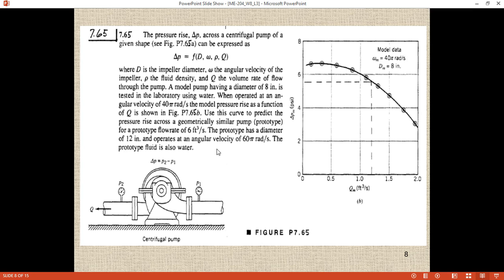So basically what we have to do is predict the pressure rise across a geometrically similar pump for a prototype flow rate. We have to make a relationship between the pressure drop of the prototype and the pressure drop of the model. First of all, we have to determine the pi terms.